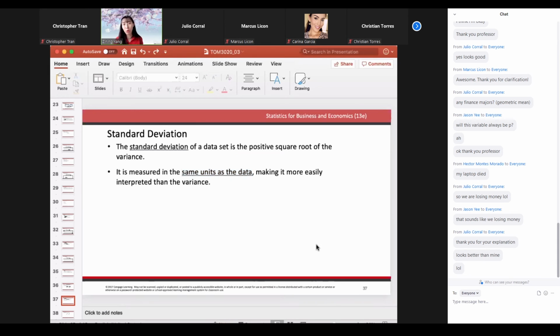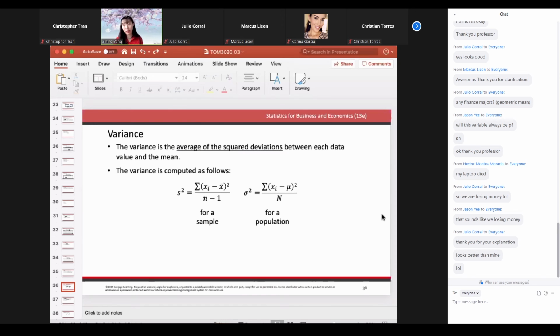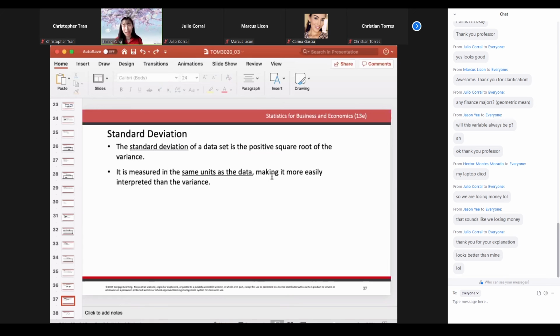The reason why we want to inflate at the beginning is for positive and negative deviations, we don't want the numbers to cancel out. We still want to account for the difference. That's why we have to square. But ultimately, we want to standardize it, and that's the square root. So any questions so far? What is variance and what is standard deviation?